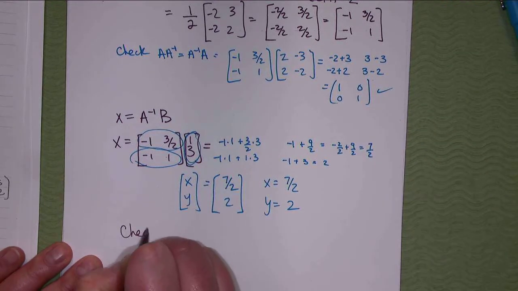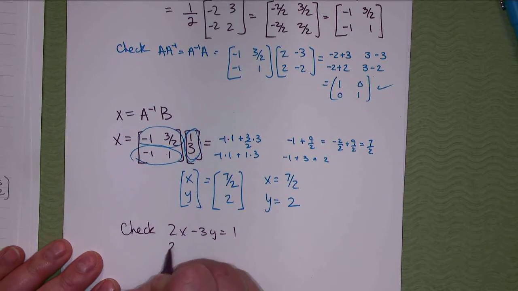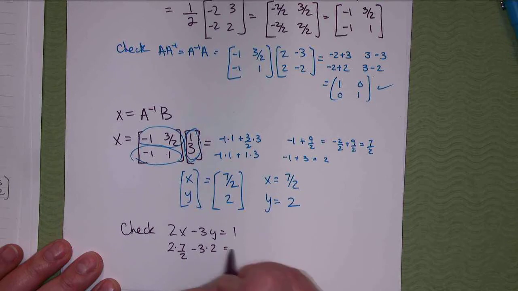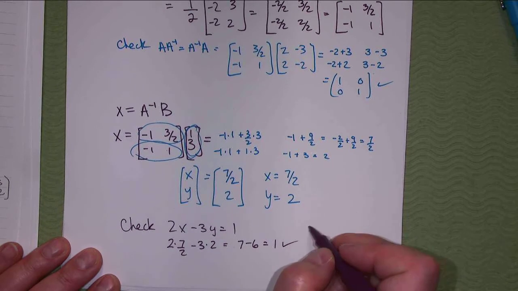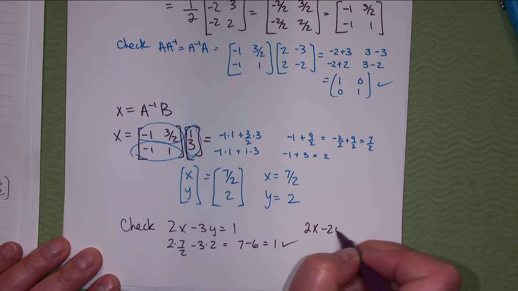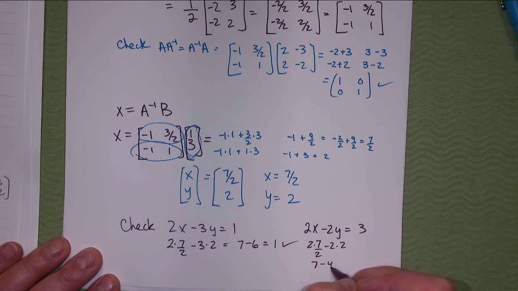So 2x minus 3y equals 1. So 2 times 7 over 2 minus 3 times 2. So it works in the first equation. So 2 times 7 over 2 minus 2 times 2 is 7 minus 4 is 3. Works in the second equation.